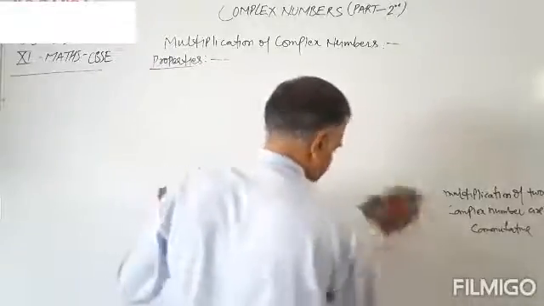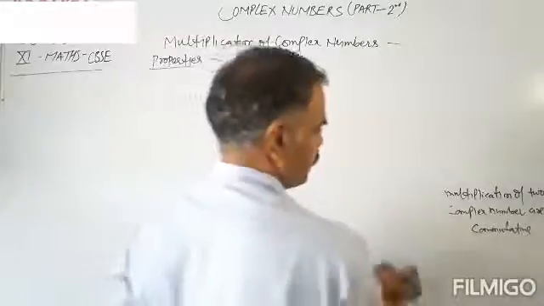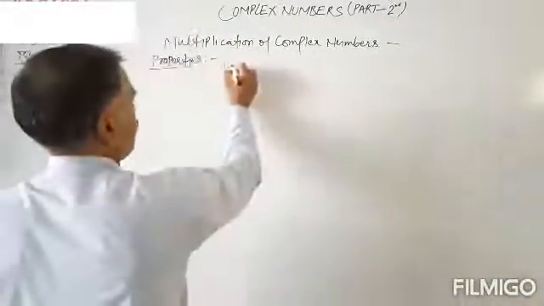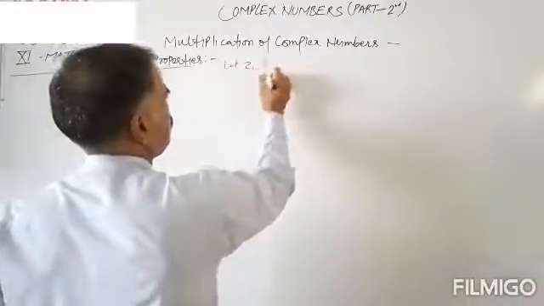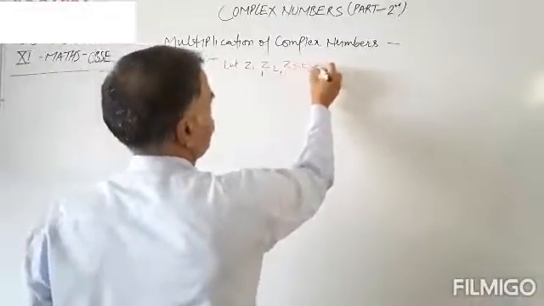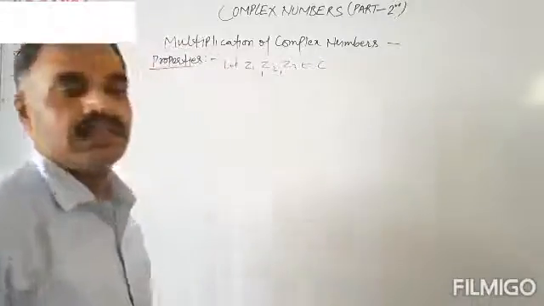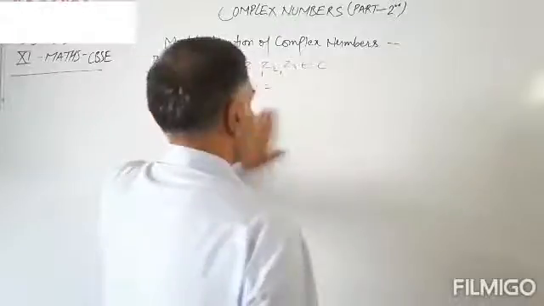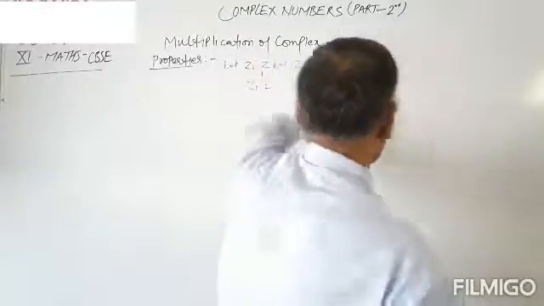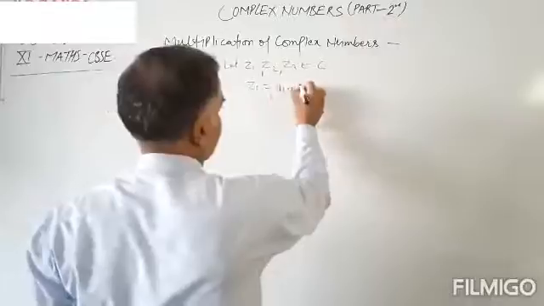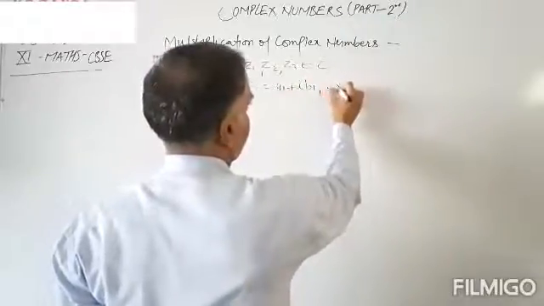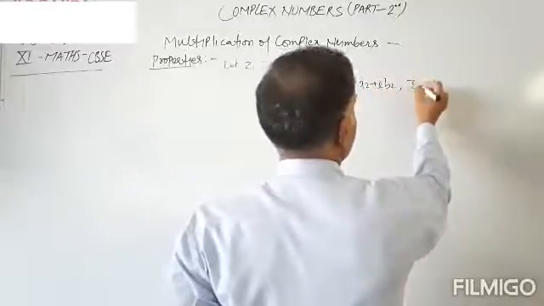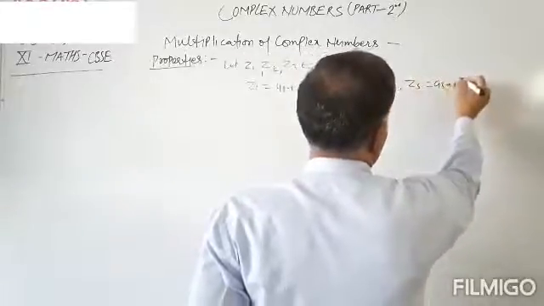Consider three complex numbers Z1, Z2 and Z3, which belong to the complex numbers C. Here Z1 can be put in the form A1 plus iota B1, Z2 similarly A2 plus iota B2, and Z3 is equal to A3 plus iota B3.